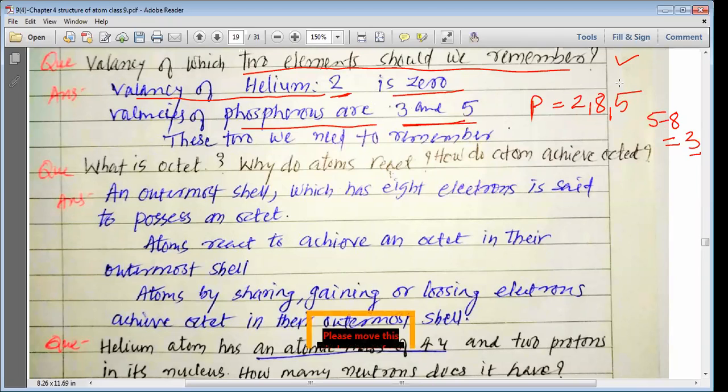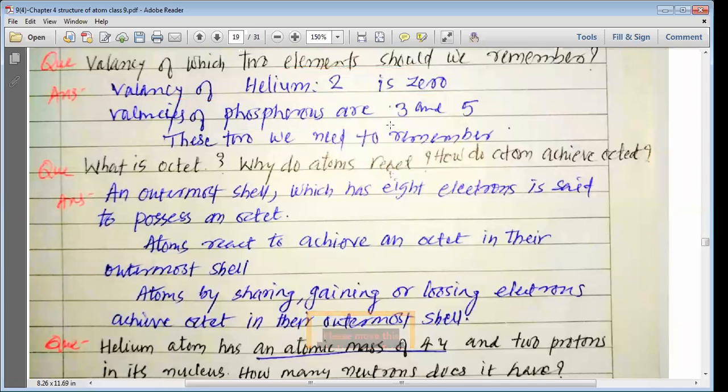But this 5 is also there because the valence electrons can be lost, and that is why it is an exception, and we need to remember that phosphorus shows two types of valency. One valency of phosphorus is 3 and another valency of phosphorus is 5. So these two we need to remember.